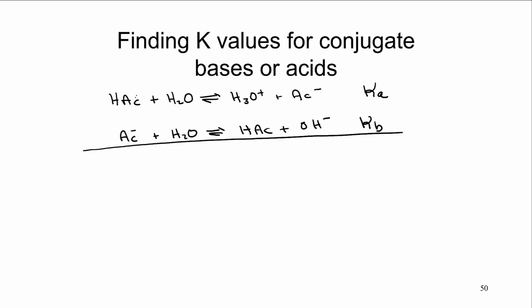The HAcs can cancel. They'll be on both sides of the reaction. And the Acs can cancel because they'll also be on both sides of the reaction. So what does that leave us with? This leaves us with 2H2O on the left side in equilibrium with hydronium and hydroxide. And what is that reaction, right? Well, it's Kw.